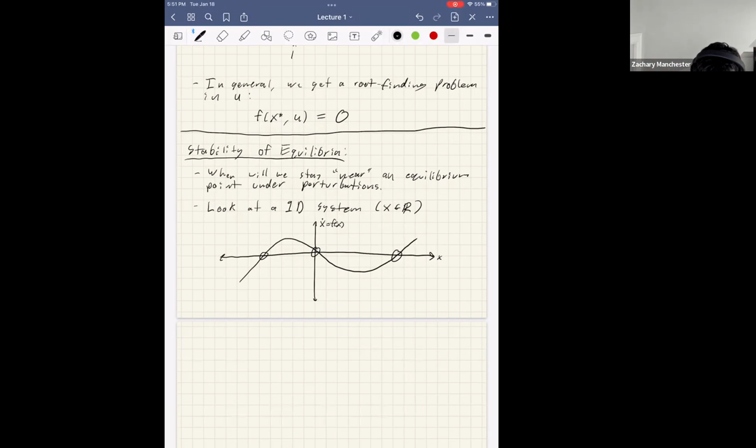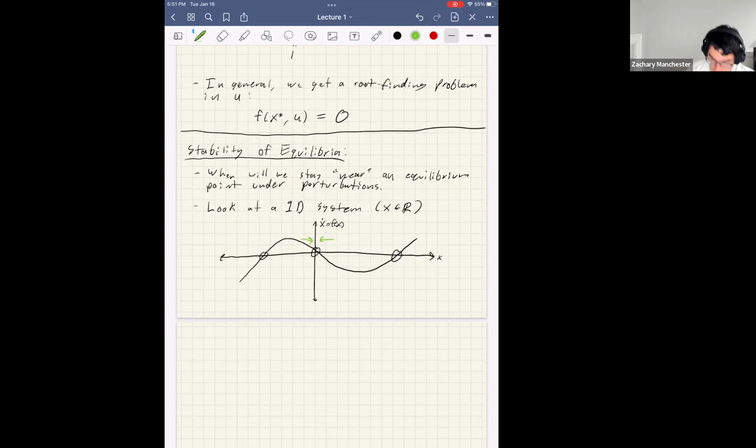The dynamics naturally nudge me back to the left, and vice versa. If I get perturbed towards the left, x dot is positive and the dynamics push me back to the right. So I'm going to naturally stay in the neighborhood of this equilibrium point.